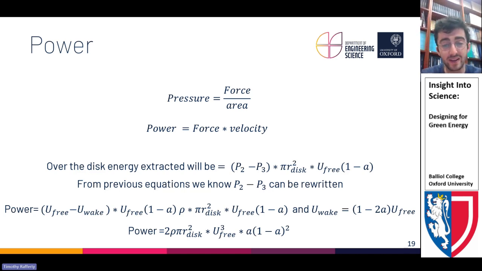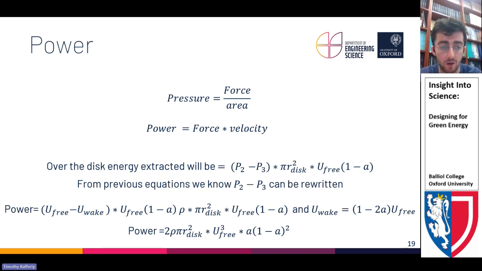Then I promise you, and I really don't expect you to derive this here, that the power pops out for a wind turbine disk as a function of 2 times the density, which is constant so it's not really going to matter, times the area squared times the free stream wind velocity cubed. That makes sense: how much wind's coming in dictates how much power you get. That's times something that describes how resistive the wind turbine is, how it's built, a, and a function of a times 1 minus a squared, but it doesn't matter.